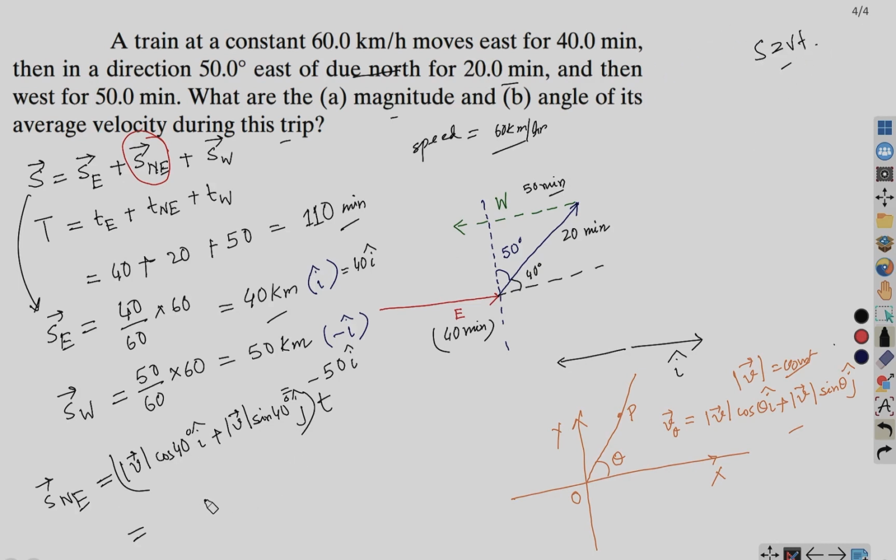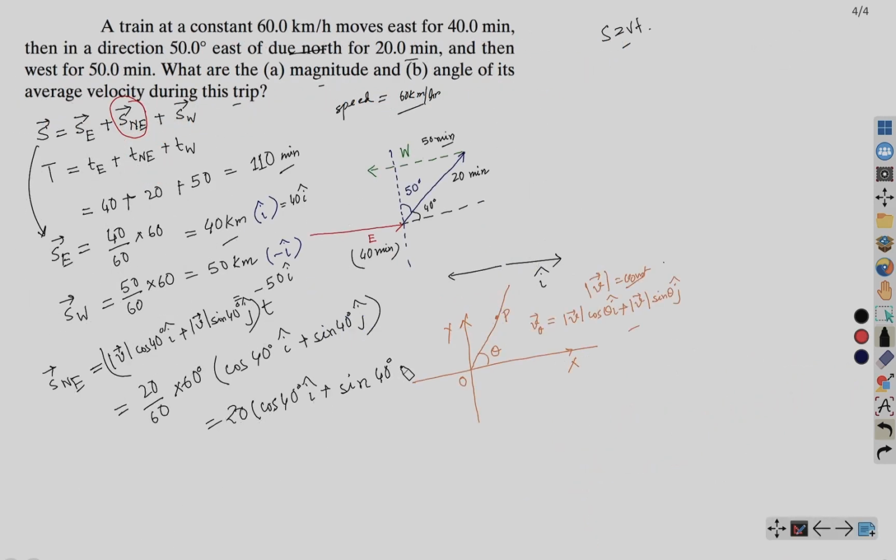So now we know the speed. Now we are going to apply the same arithmetic here as what we did in these two. Since it moves 20 minutes with 60 km/h, it moves 20 by 60 times 60. This is the speed, and because of the direction, sine 40 j cap will come. My handwriting is a little bit dirty, sorry for that.